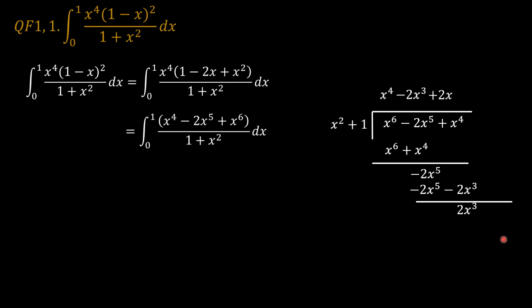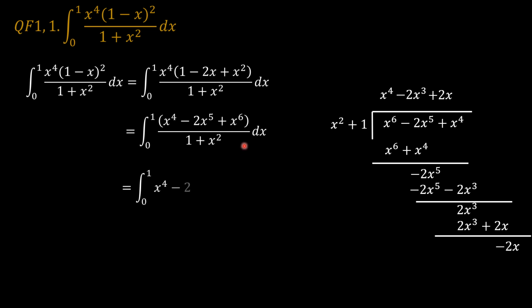So then I multiply the divisor by 2x, and so I get 2x to the power 3 plus 2x, and we subtract this from this residual, and we are left with only negative 2x. So this value is lower in degree than the denominator.